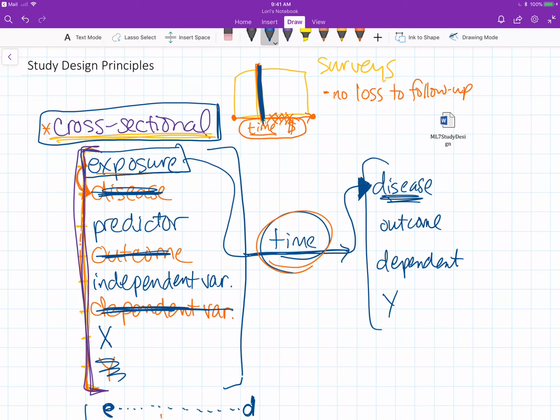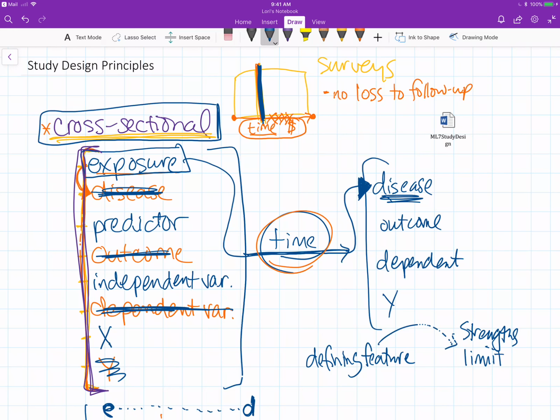So that is a little orientation to study design principles. I hope that you have the notion that that defining feature is really key to understanding the strengths and the limitations of that particular study design. Every study design has strengths and weaknesses, or advantages and limitations, however you want to say that.